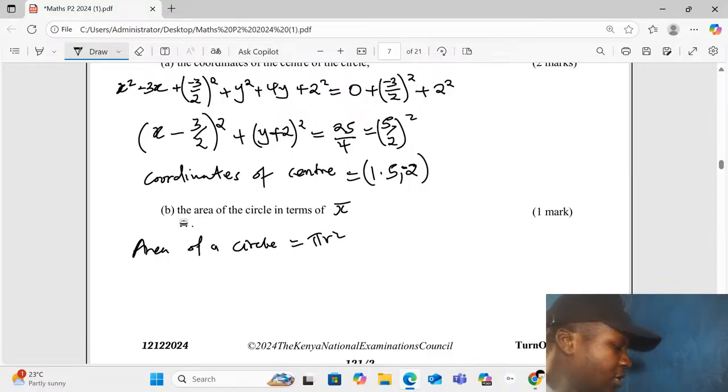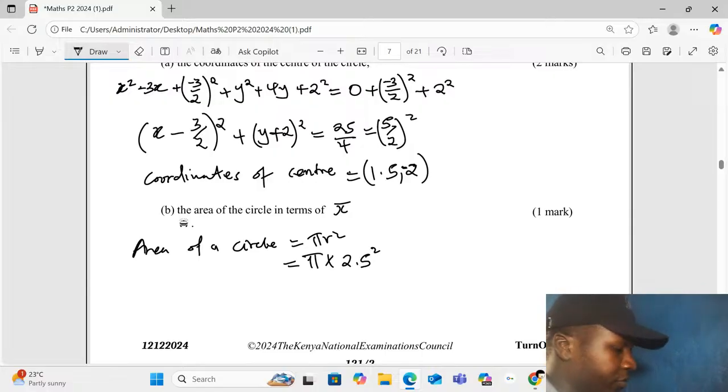We all know that. Now that one will be pi times the radius, which is now 2.5 squared.